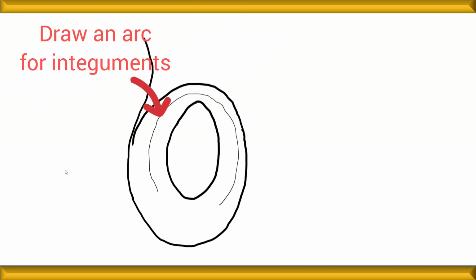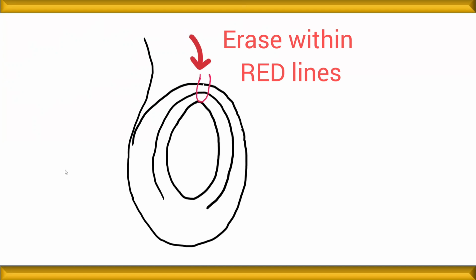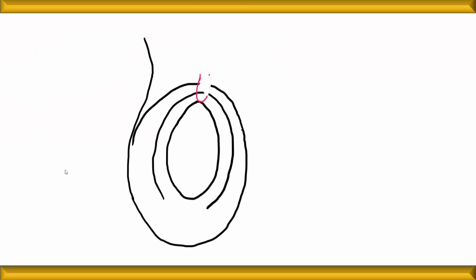So divide it into two partitions, and also next you will have to do the micropyle. So for the micropyle, you will have to erase the area which is highlighted in red. So this is a small aperture at the tip of the ovule.